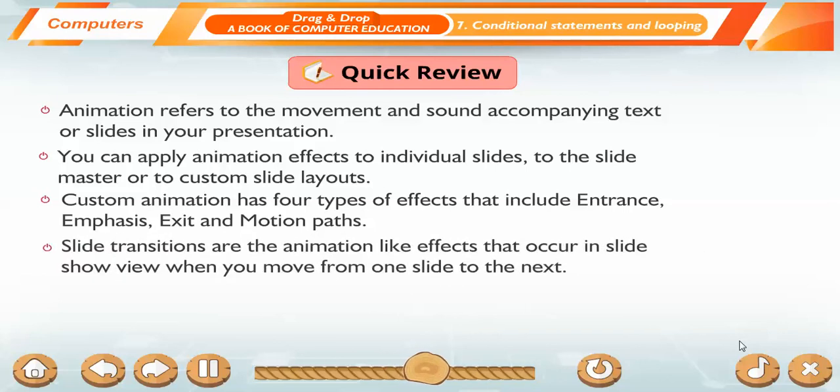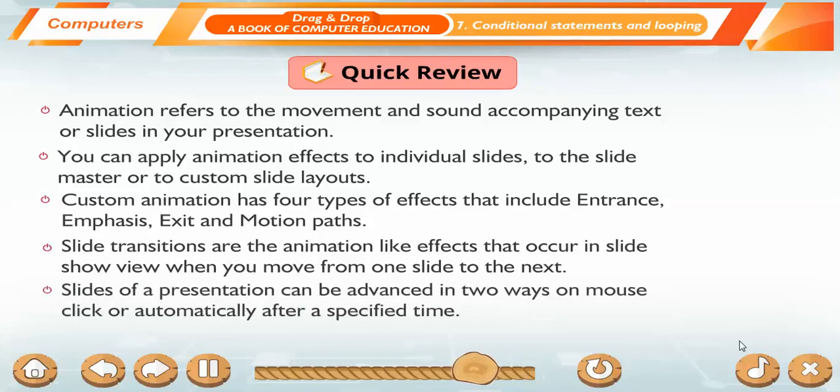Slide transitions are the animation-like effects that occur in slideshow view when you move from one slide to the next. Slides of a presentation can be advanced in 2 ways, on mouse click or automatically after a specified time.